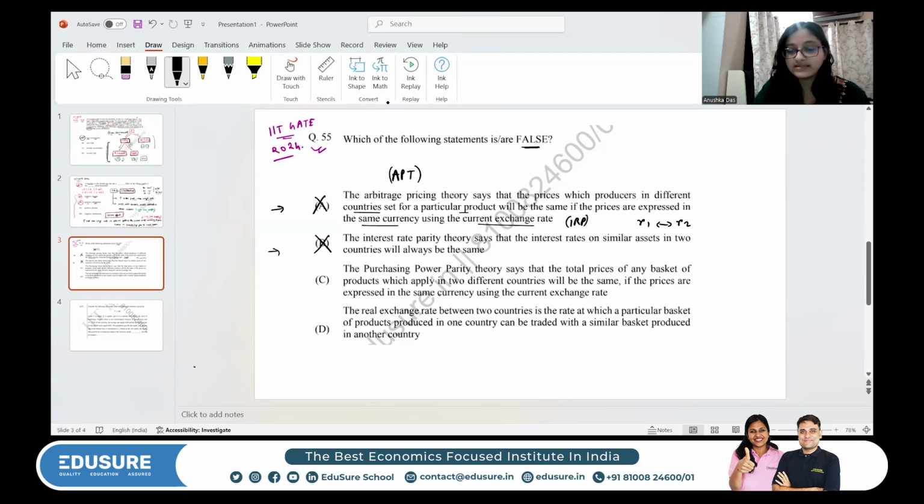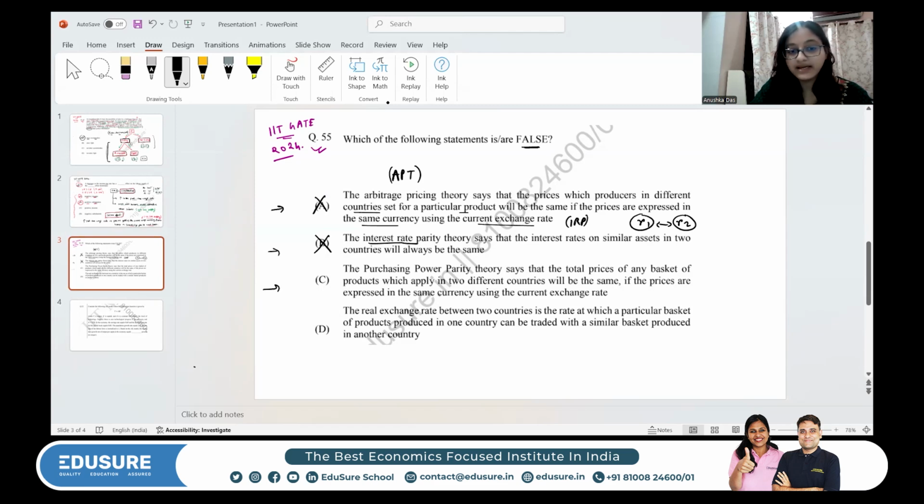So it has to do with the exchange rate fluctuation. This difference in the interest rate in two countries can be offset by the exchange rate fluctuation or the expected value of the exchange rate fluctuation. So that is what interest rate parity is. So this definition is also incorrect.